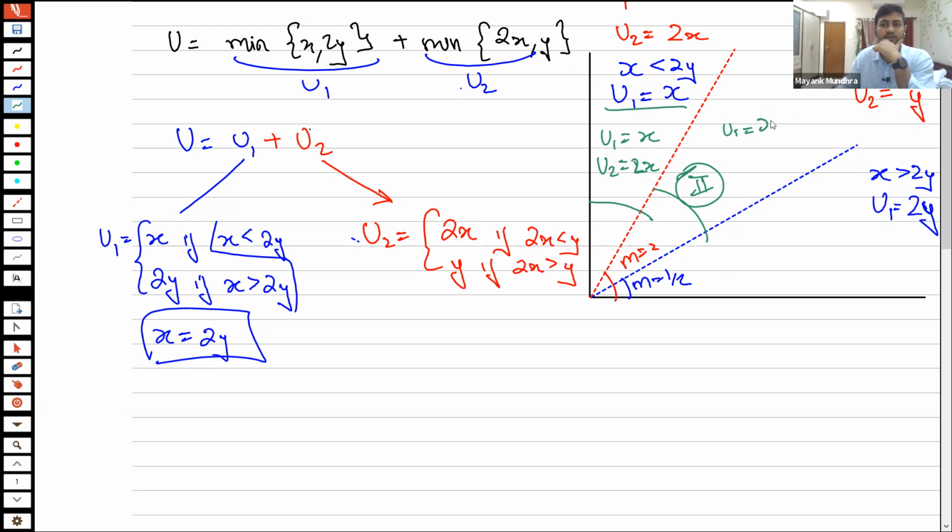So u1 is equal to x, and u2 is equal to y now. And in the third region, you would have u1 equals 2y and u2 equals y. So in these three regions, u1 plus u2 is my final utility value. Here it would be x plus 2x, that is 3x. Here it would be x plus y, and here it would be 2y plus y.